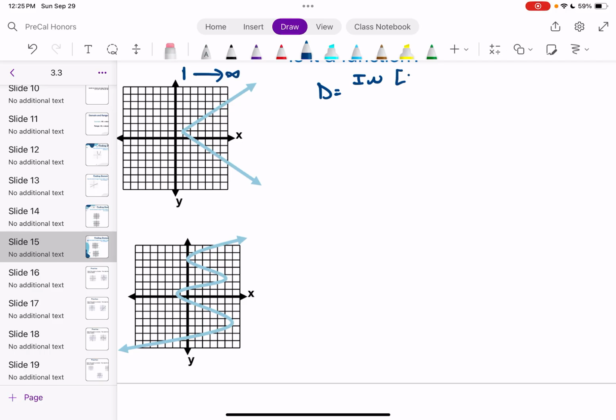So we would have a bracket, -1 to positive infinity, and our set notation would be x such that x is greater than or equal to 1. I just realized that in our interval notation, we put a -1. This should be a +1.